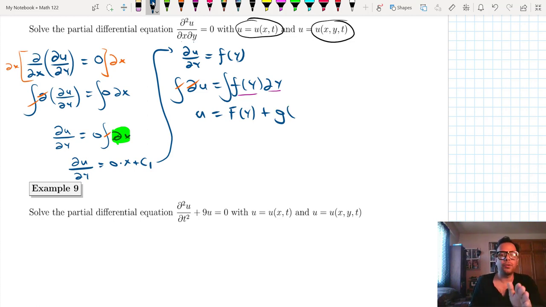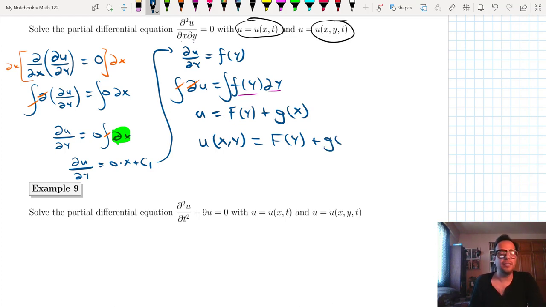We are holding x constant, g of x. So in this case we have some u that depends on x and y, equals big F of y plus g of x.